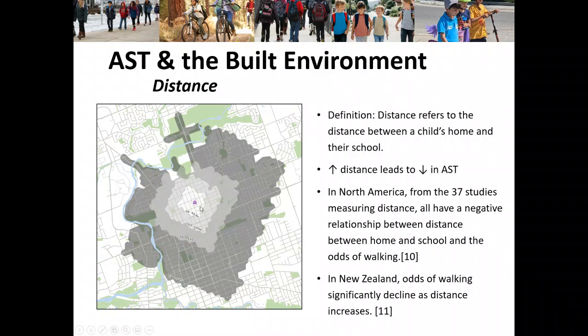All this is to acknowledge the fact that in the literature, the distance people are willing to walk, and I'm talking about adults now, is about 400 meters. That's the average distance people are willing to walk. So with the distance element, we have something we need to overcome to help increase the number of kids that walk to school.